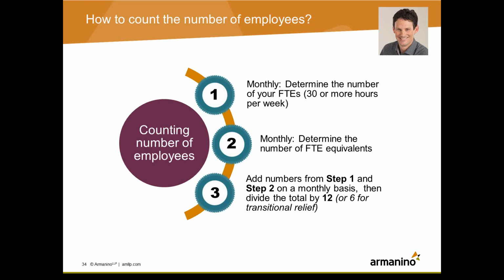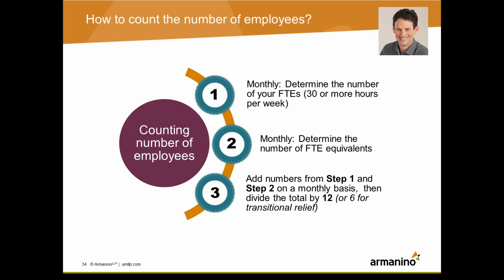But number one is let's count your number of employees to determine whether you're a large employer or not. So we really take a three-step process. And this is done monthly and then divided by your full 12 months if you're using the 12-month look back, or divided by 6 if you're falling under the transitional relief.